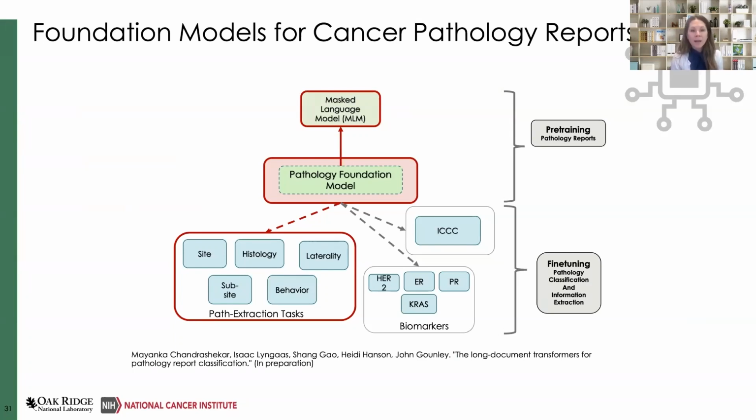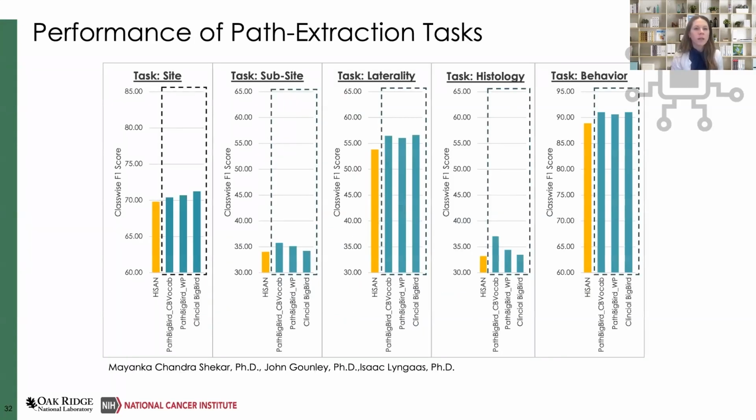And we've expanded to have the same pre-trained model used for fine-tuning for prediction of biomarkers and childhood cancer classification. And we expect to try it on other tasks as well. So again, it's the interoperability that is really fantastic and exciting to folks. And it's a big step in our research, and we're excited to almost have it ready for production.